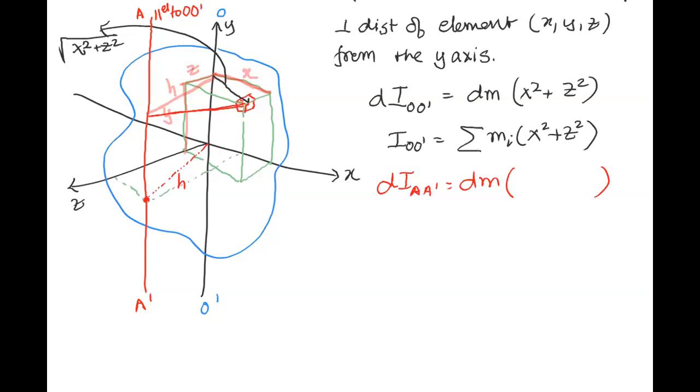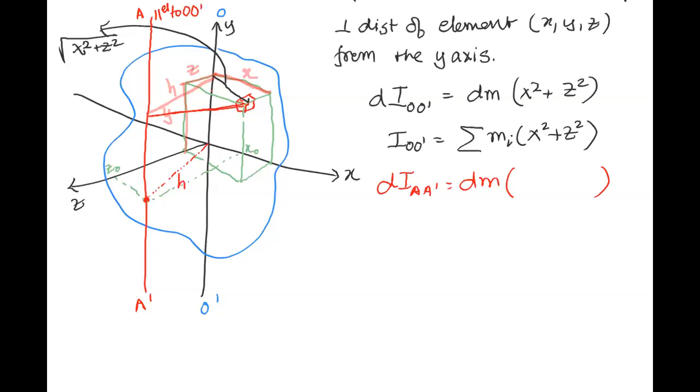So supposing that I tell you that this is Z naught and this is X naught, then can you tell me the perpendicular distance? Of course, X naught square plus Z naught square is equal to X square. That is given to us. Now can you tell me the perpendicular distance?